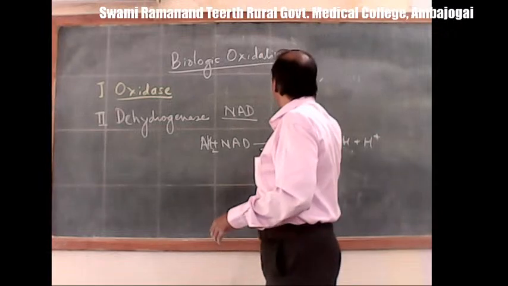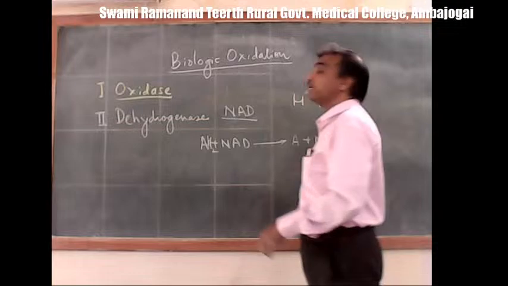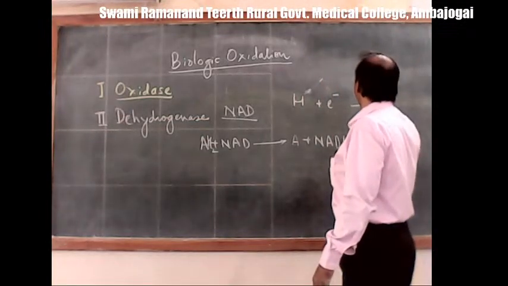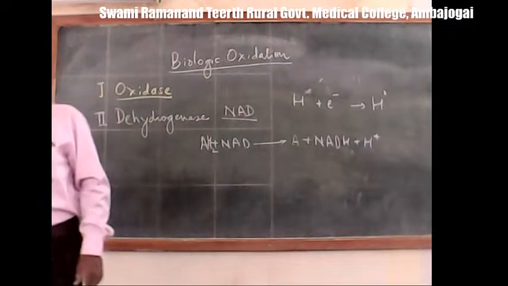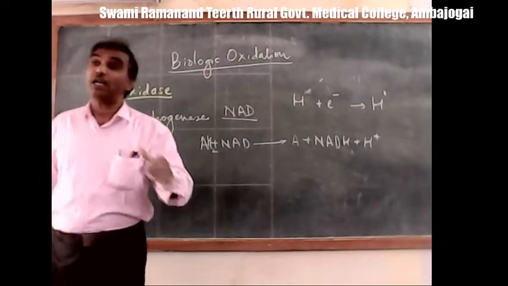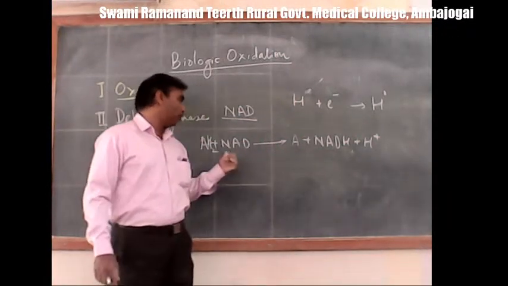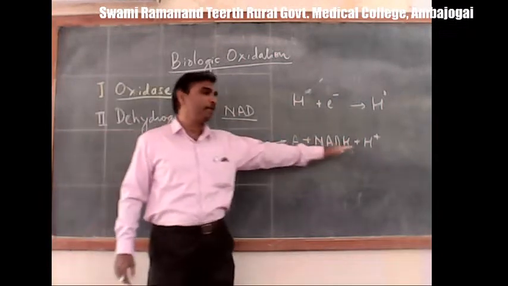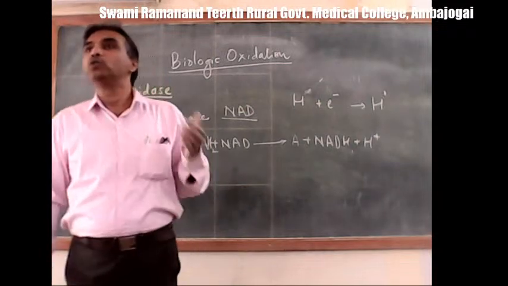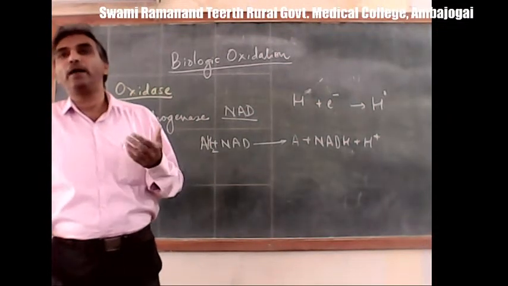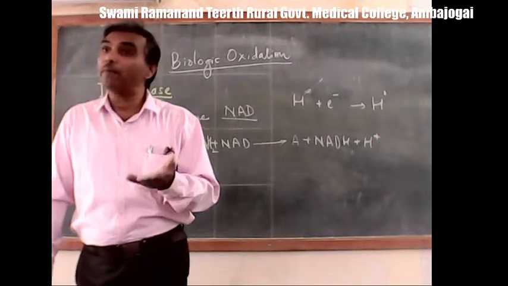Hydride means hydrogen plus one extra electron. So it has one extra electron and the remaining proton is liberated in the medium as a proton.